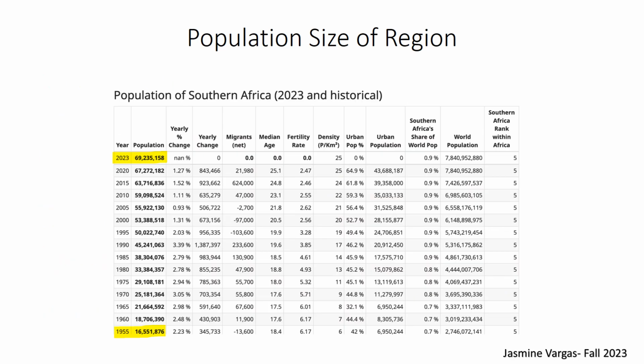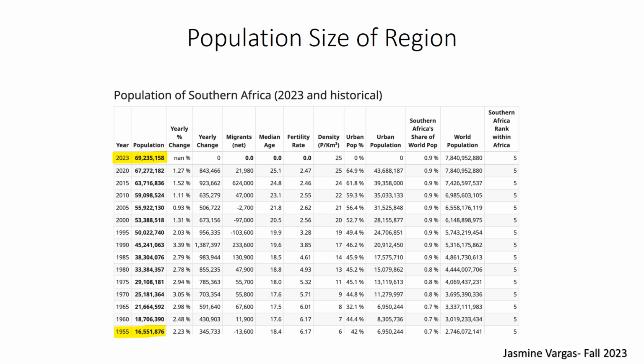Okay, the population size of the region alone. And the easier way of being able to understand the population region is through seeing it through this graph. So I can see here it starts from 1955, which it is starting at just above 16 million around there. And from 2023, as of October, there's a population size of 69 million around there.